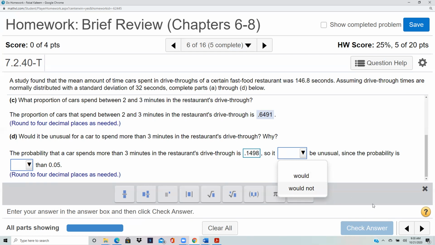I'm not sure. What percentage is 0.5? The 5 would have to be where the 4 is to be 5%, right?